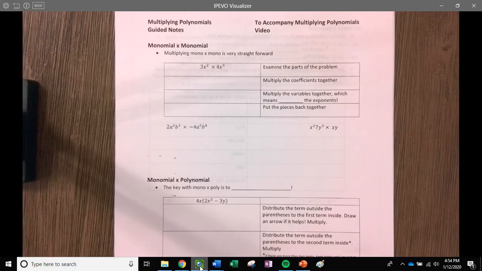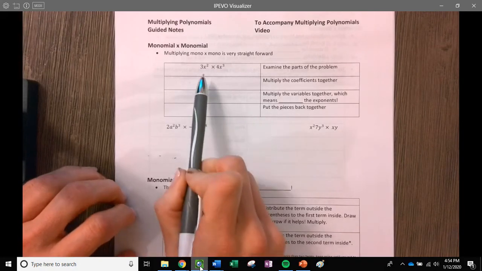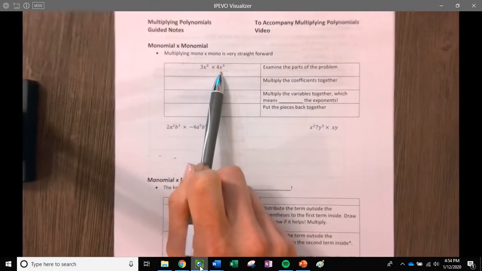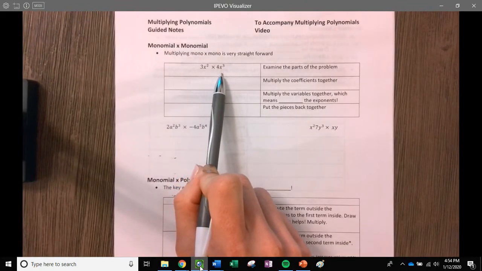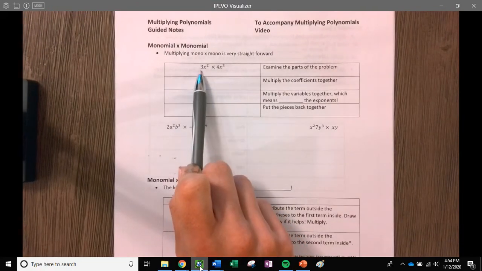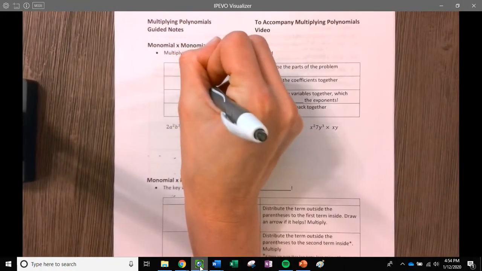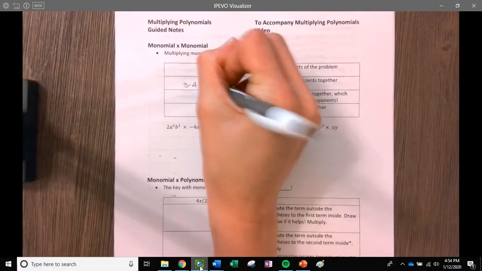So the first thing we're going to look at, monomial by monomial, 3x squared times 4x cubed. This is super straightforward. We're just going to examine the different parts of the problem. We've got the coefficients, and those need to be multiplied together. 3 times 4 equals 12.